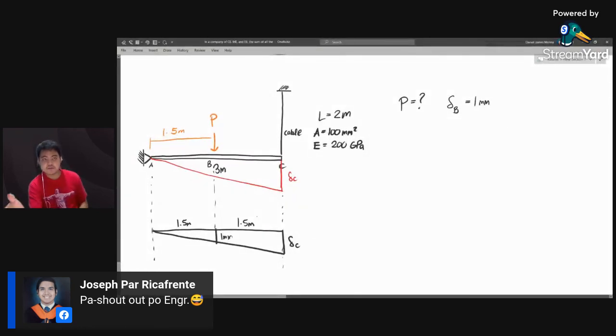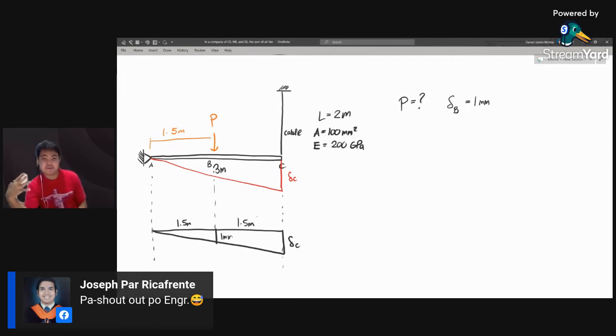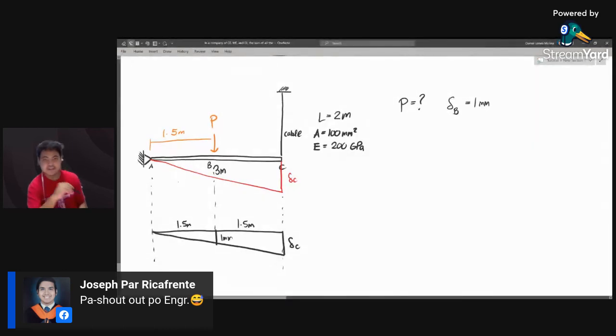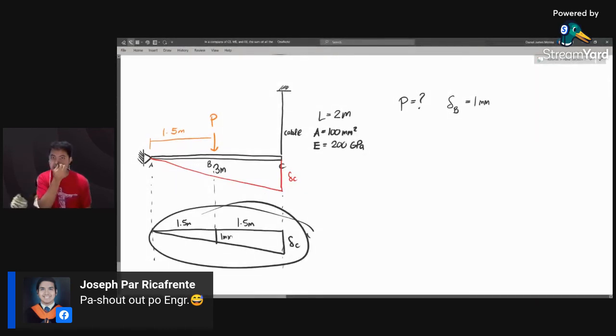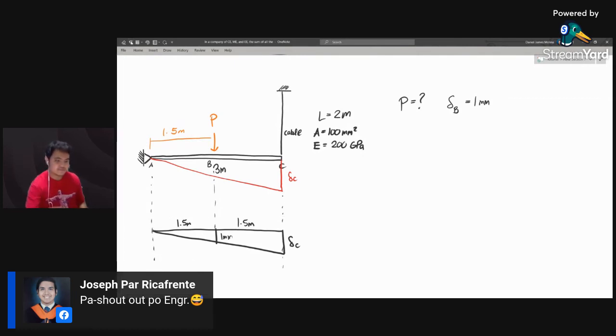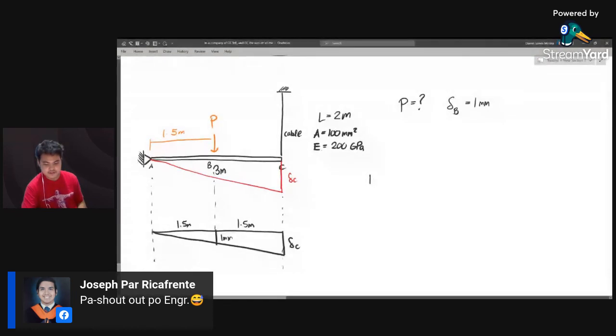And how will we be able to determine the continuity equation? Ratio and proportion, as you may notice. We'll use ratio and proportion on this triangle here. Okay. So we have 1 millimeter is to 1.5 meters. Correct?